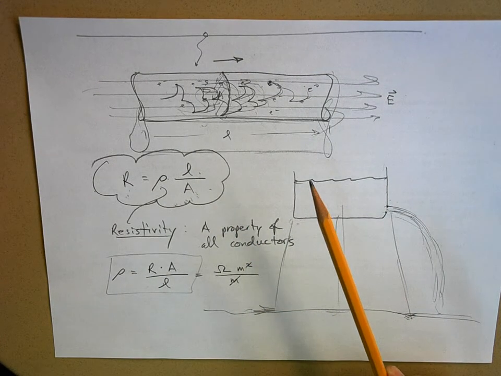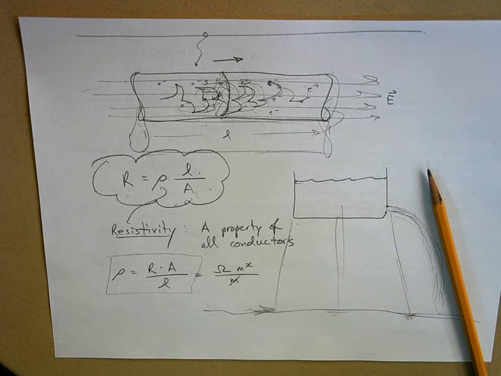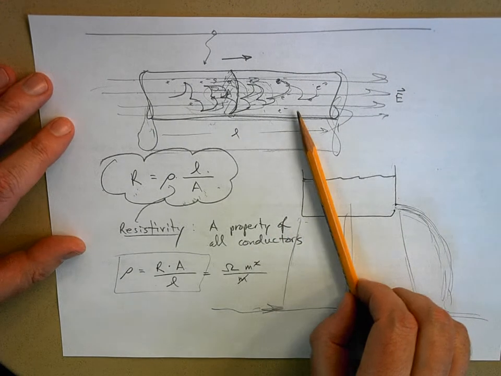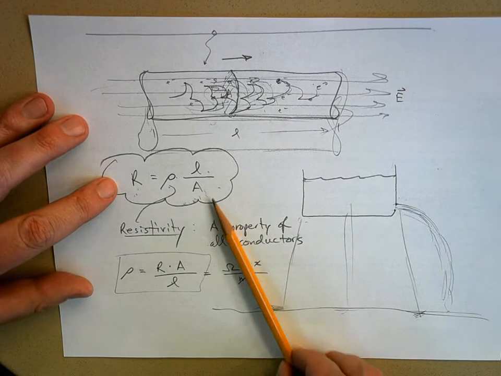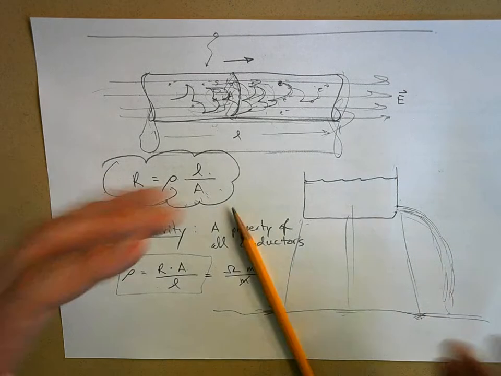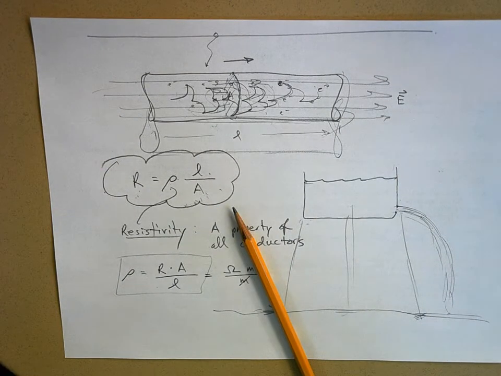When it's super crowded, when you don't have enough cross-sectional area, they interfere with each other. So you want more cross-sectional area. So in terms of traffic, you want more lanes on the freeway. That'll allow the traffic to flow more easily.